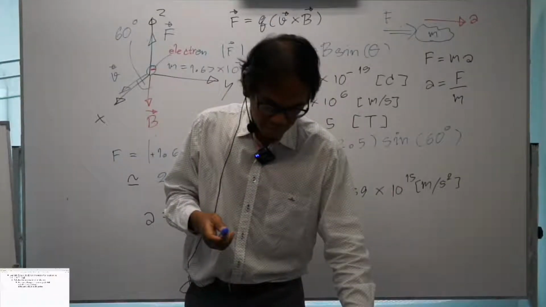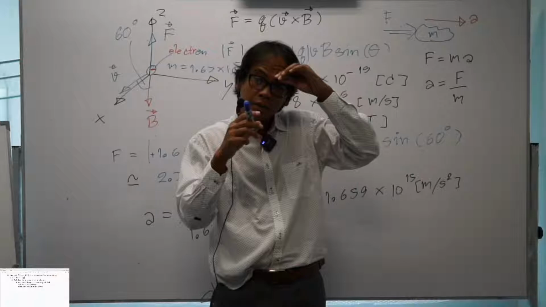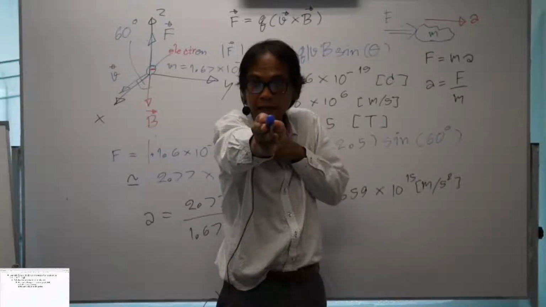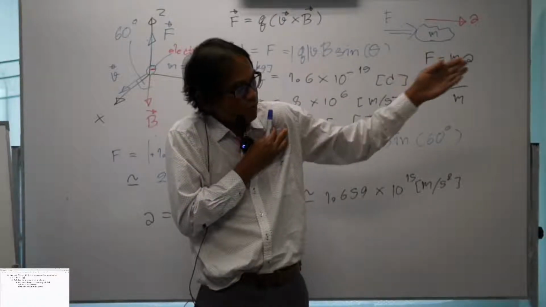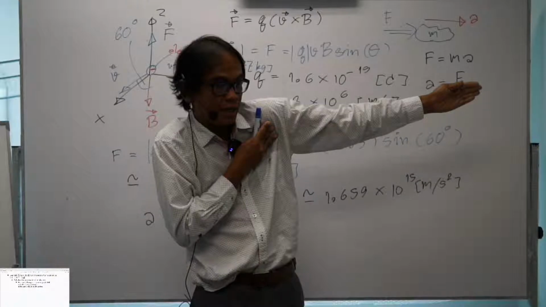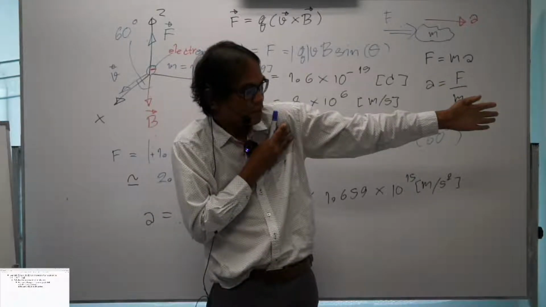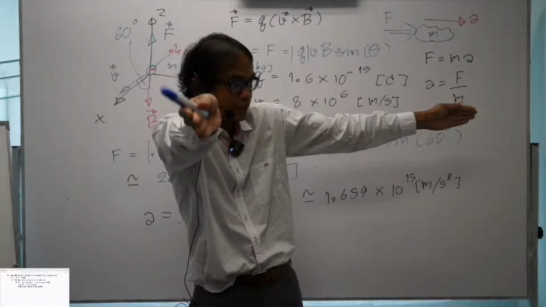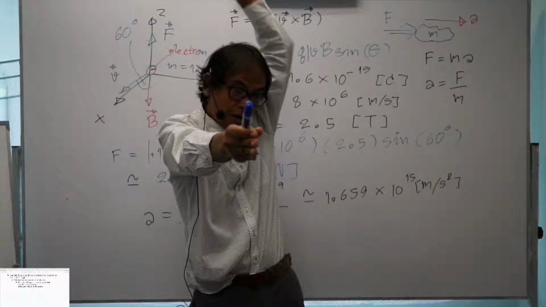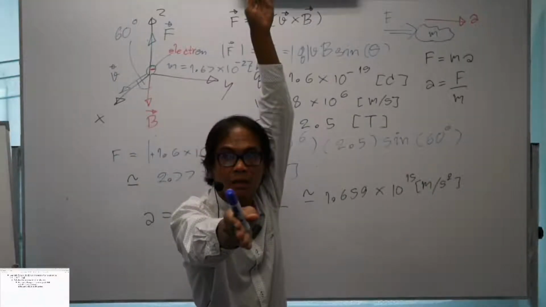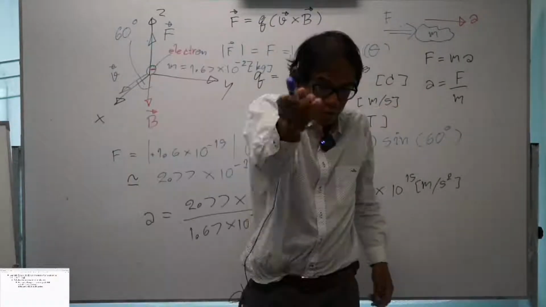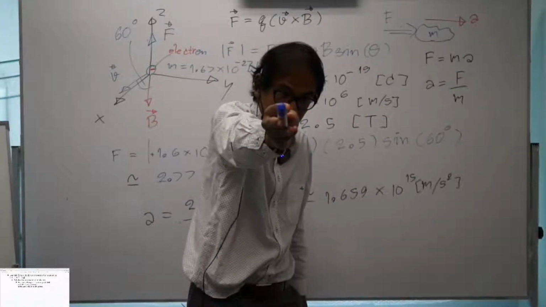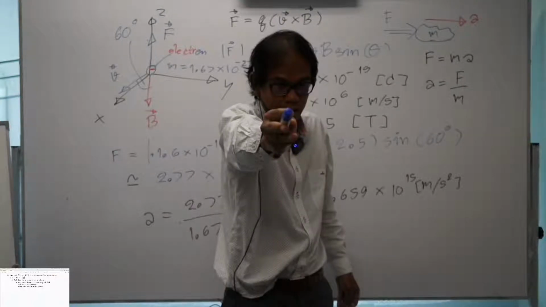In the case of proton, I'm going to repeat. The proton is moving along the x-axis, this direction to the camera, to you, right? This is the x-axis and here is the y-axis, my left arm. This is the z-axis along my head. This is the direction of proton movement, and the magnetic field is along this way.